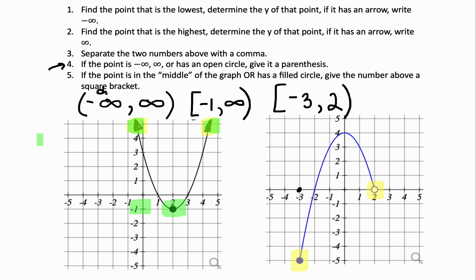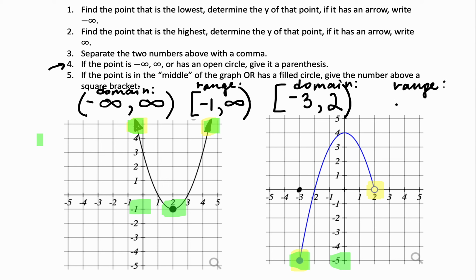So this here was our domain from left to right, and this is our range from bottom to the top. For the blue graph, we'll start at the lowest point again. The lowest point on the graph is this right here, and the y of that point is -5. So that's the first part of my range. Again, this was the domain, and this is the range.